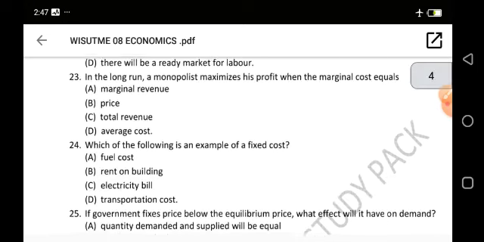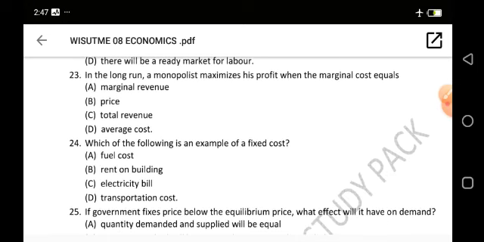Number 24, which of the following is an example of a fixed cost? Remember, fixed costs are costs of assets that you incur, and these are costs that don't change even as your variable costs change. They remain the same. A good example of such costs is rent on your building.